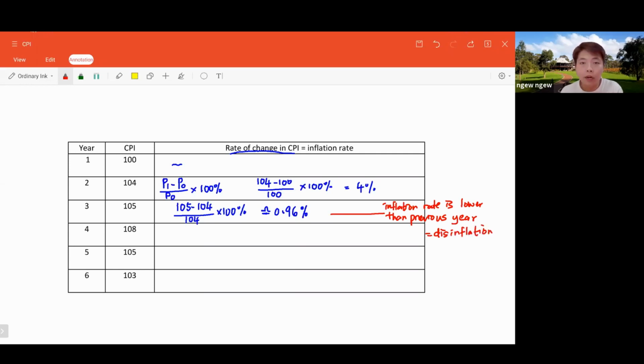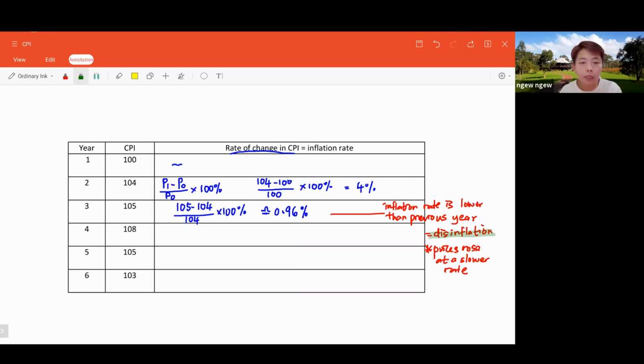It's not that we are not having inflation, it's just that the prices rose at a slower rate. The prices are still rising, but at a slower rate compared to the previous year. So this is what we call disinflation.